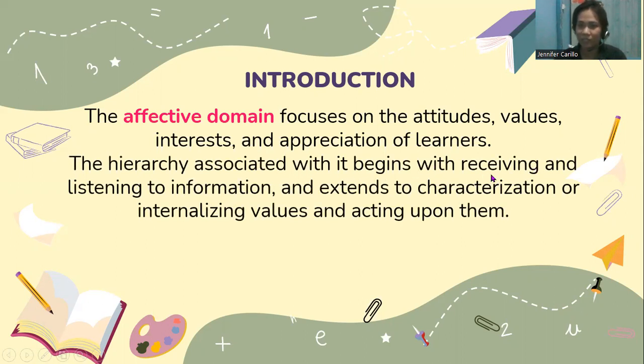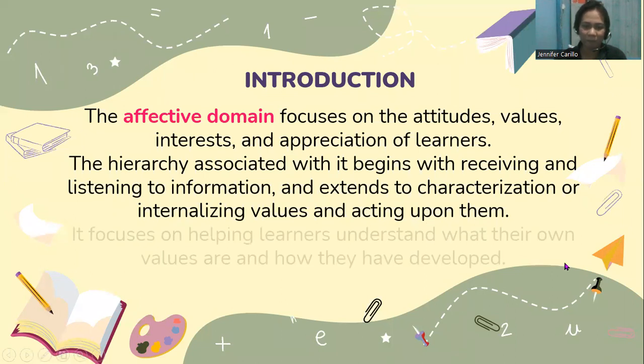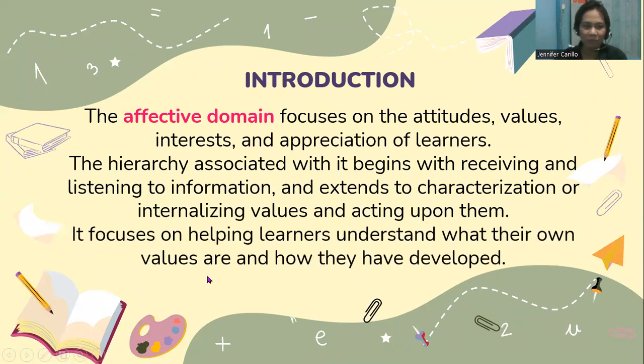This is the first level, receiving, listening to information, up to characterization. Characterization is the last and final level in the affective domain, or what we call internalizing values and acting upon them. The affective domain focuses on helping learners understand what their own values are and how they have developed.